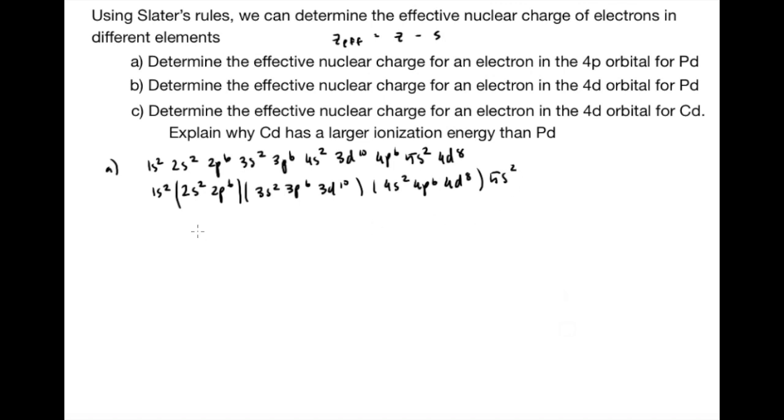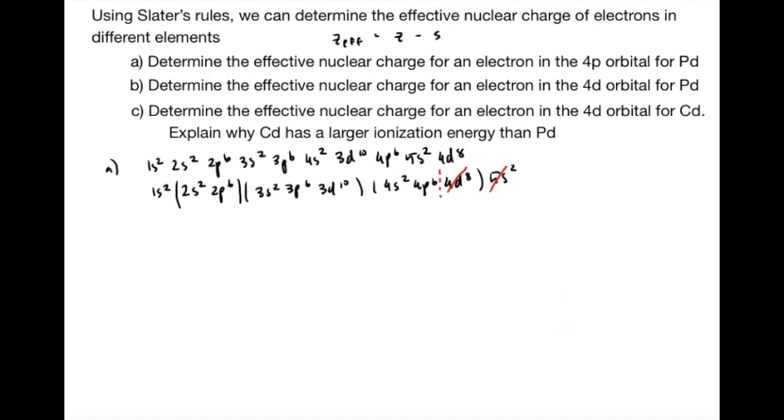And so for part A, we need to figure out the effective nuclear charge for an electron in the 4p orbital, and so that means that everything that is to the right of the 4p orbital can be disregarded, and so we don't need to worry about the 4d as well as the 5s.